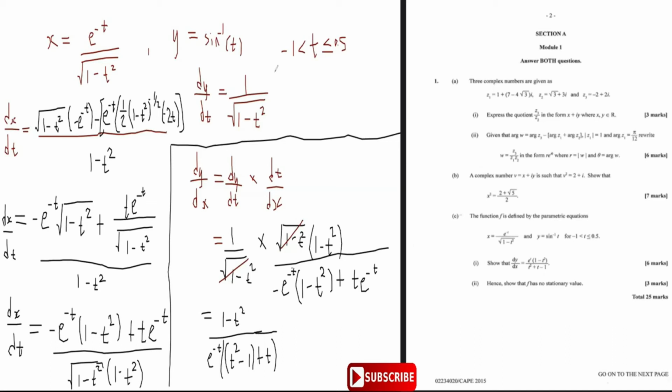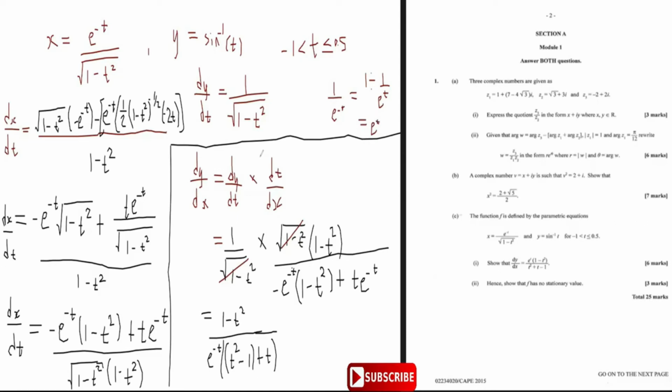Now, one quick bit of information: look at this, e to the minus t in the denominator. 1 over e to the minus t is just 1 divided by e to the minus t, which is 1 divided by 1 over e to the t. 1 divided by 1 over e to the t is e to the t.